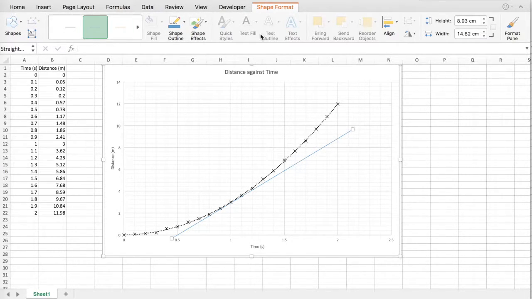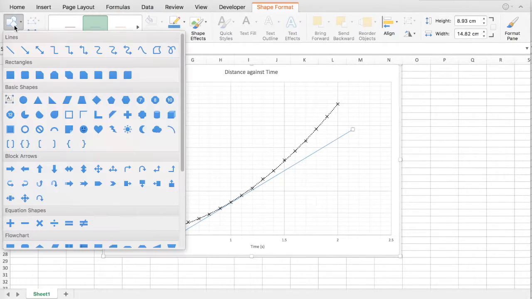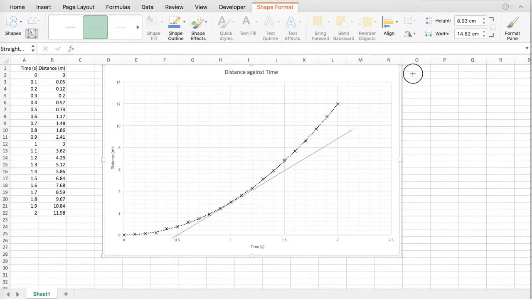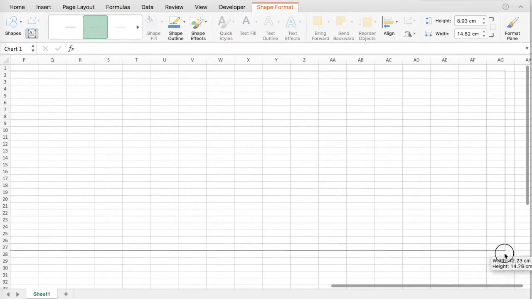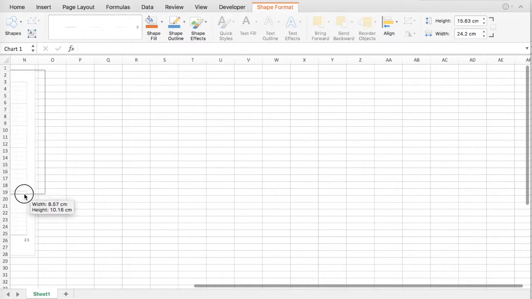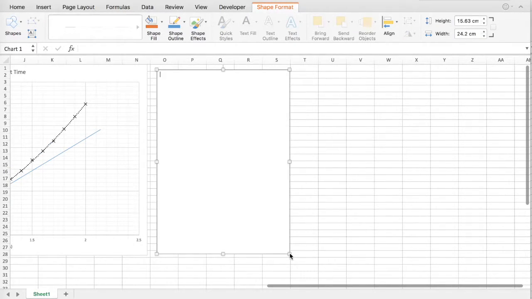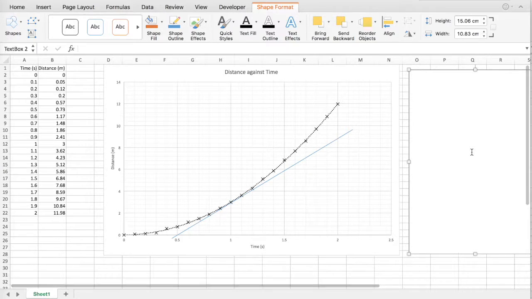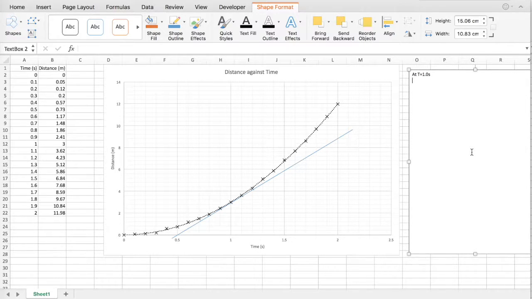I'm now going to insert a new shape. In this case, it'll simply be a text box so I can record some calculations. Now I need to insert a marker, t equals 1.0 seconds.